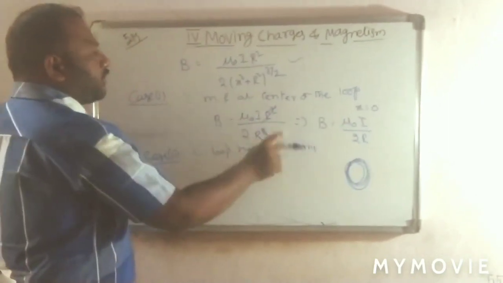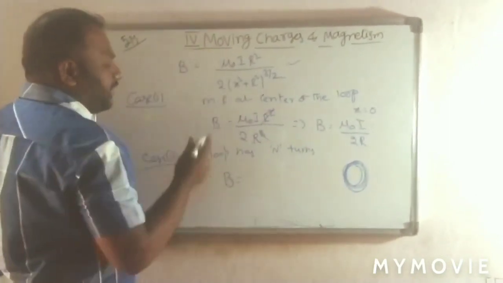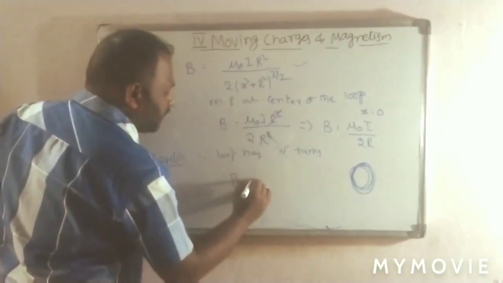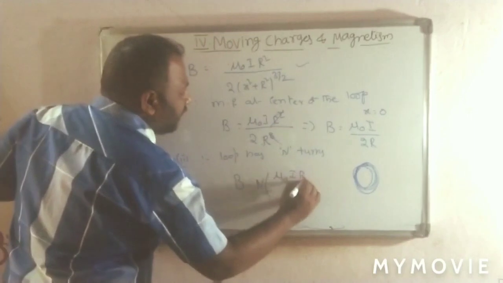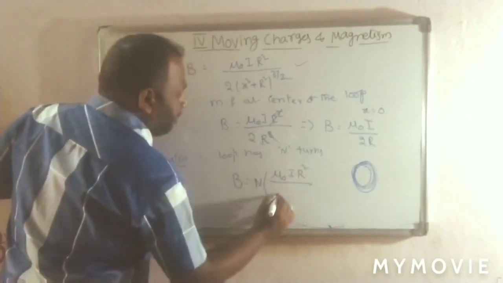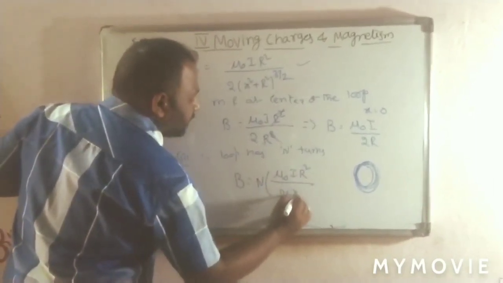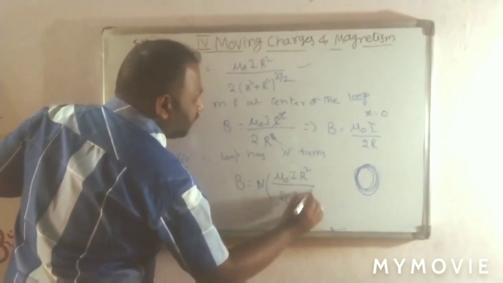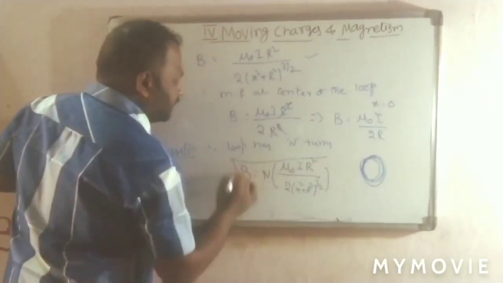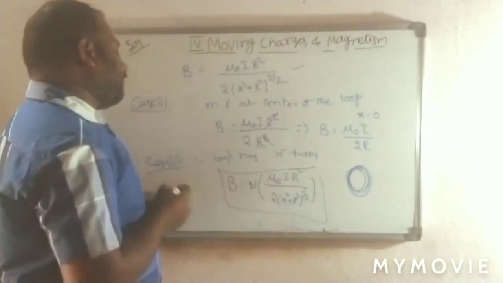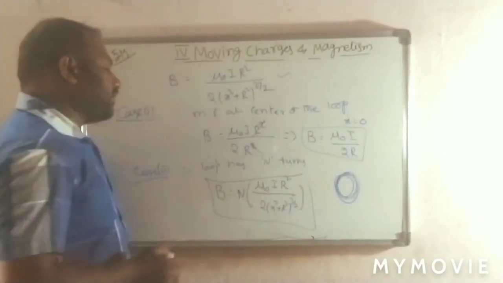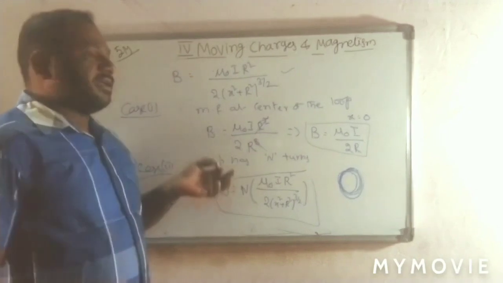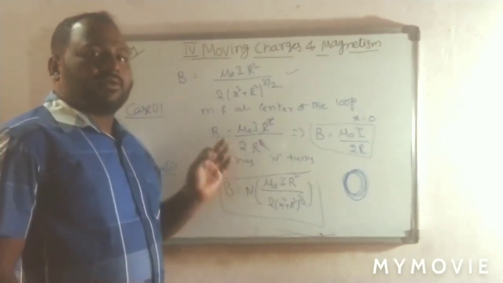Due to n loops, it is n into mu naught I r square by 2 into x square plus r square whole power 3 by 2. So this is the magnetic field at the center, and this is the magnetic field due to a circular coil having n number of loops.